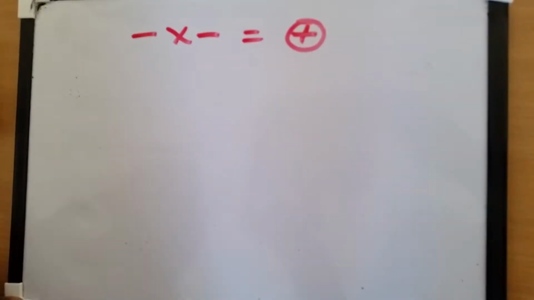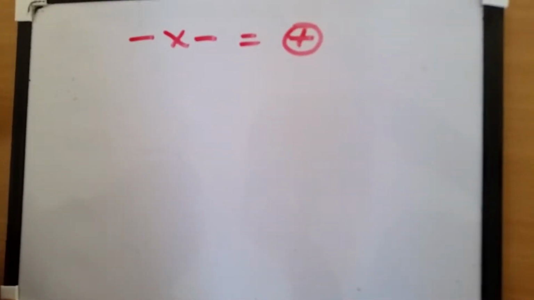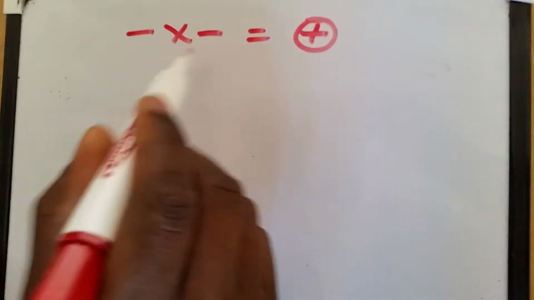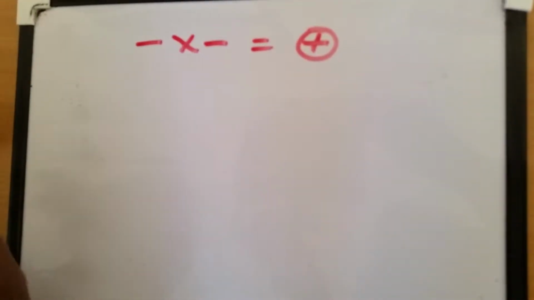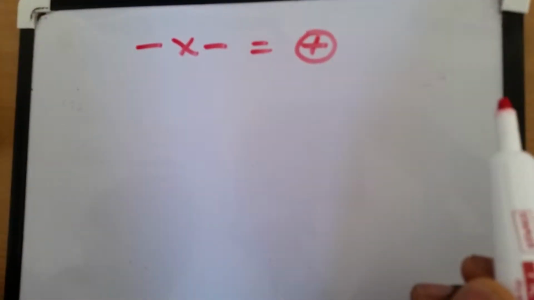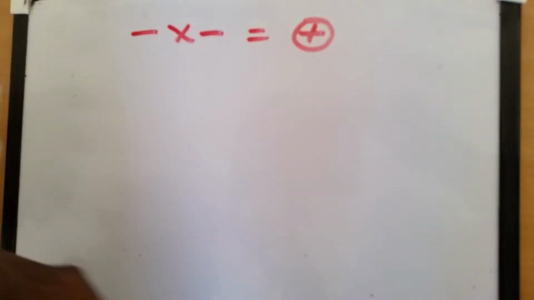In the future, if we revamp our math system, we could end up with a completely different system that removes this logic. But at the moment, with the math system that we use, it forces us to accept that two negative numbers multiplied together equal a positive number. And we're going to prove that just now.